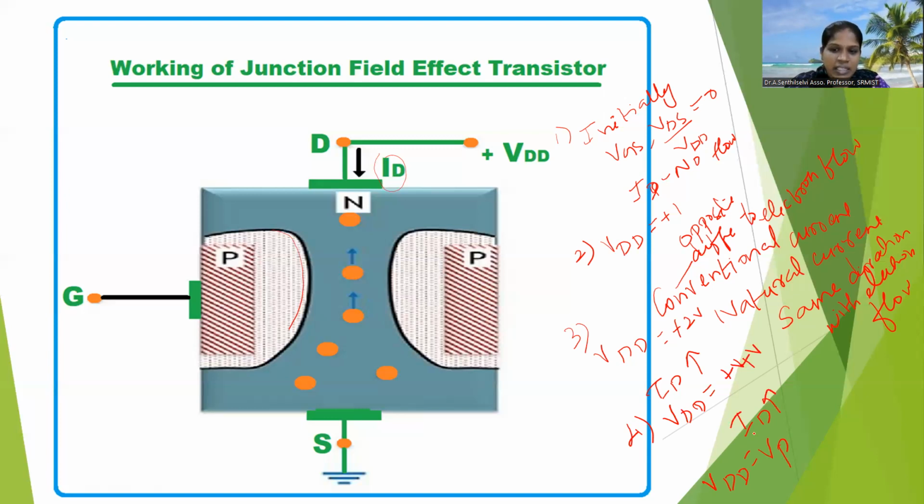If you increase the VDD voltage, the current flow increases. At a particular point, even if you increase the VDD value, there is no increase in the ID value. The ID value is saturated. That VDD value is called VP, the pinch off voltage.